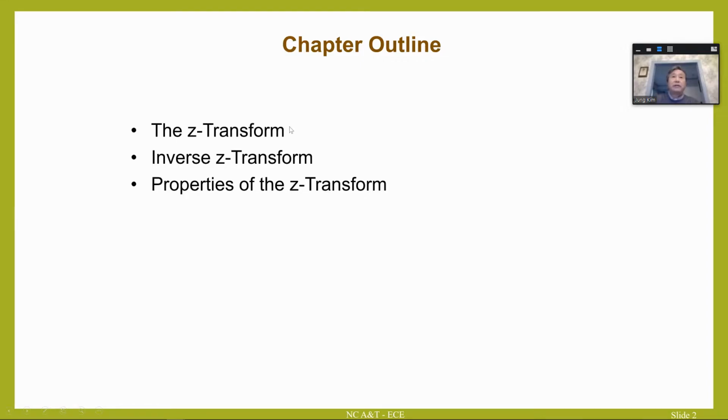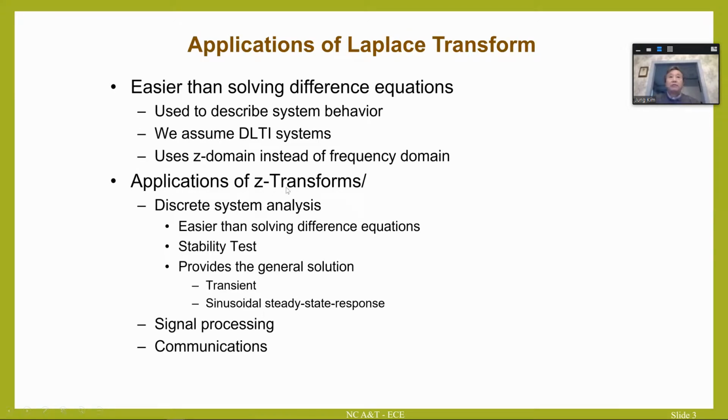This chapter 5 covers the Z transform, inverse Z transform, and properties of the Z transform. After that, we're going to come back to chapter 3. I'm going to post the chapter 3-2 around the end of chapter 5.